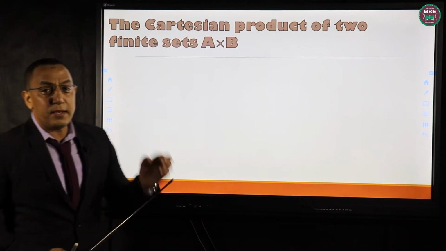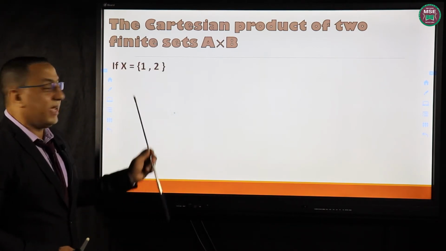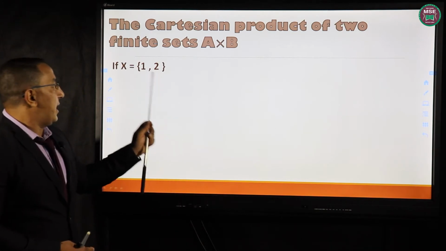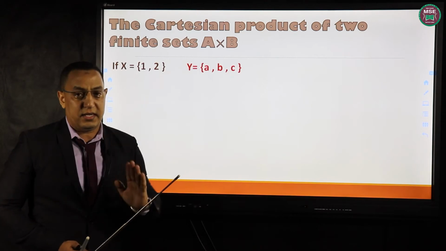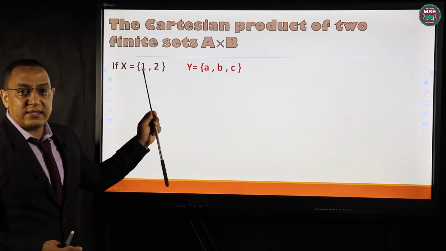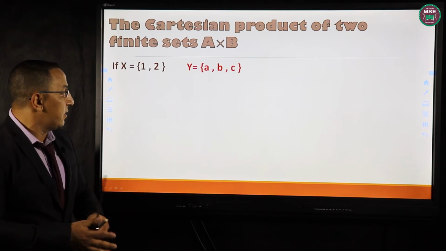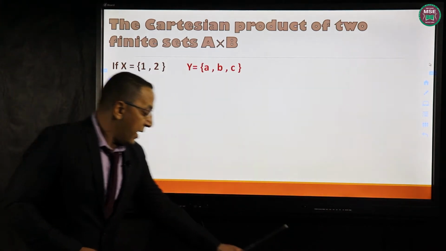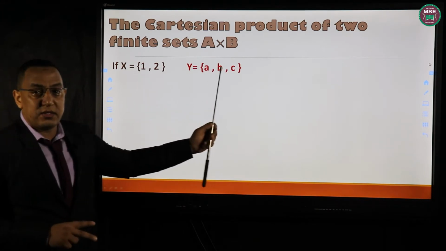Okay, the Cartesian product of two sets, A times B. Let's say we have a set X, for example, equal to 1 and 2, and another set Y equal to A, B, and C. Here the set X includes 2 elements, and the set Y includes 3 elements. Okay, I need now to distribute these two elements among these three elements.